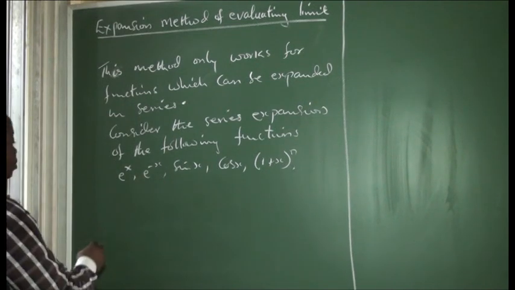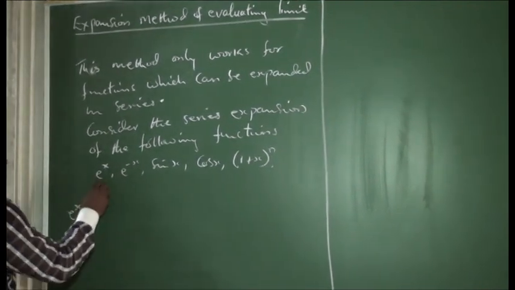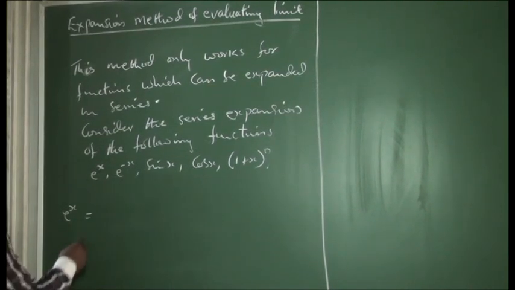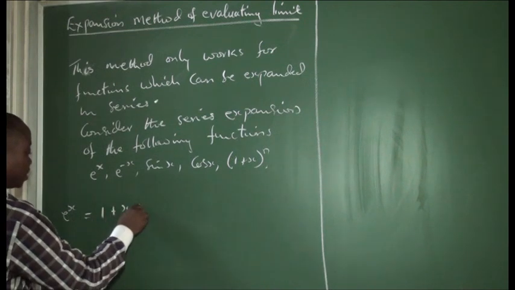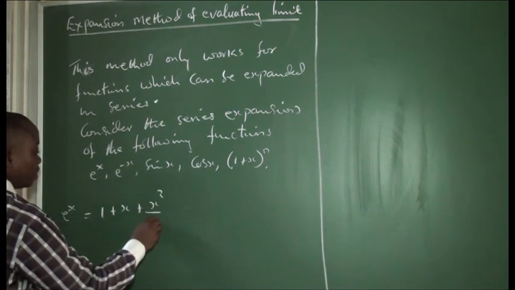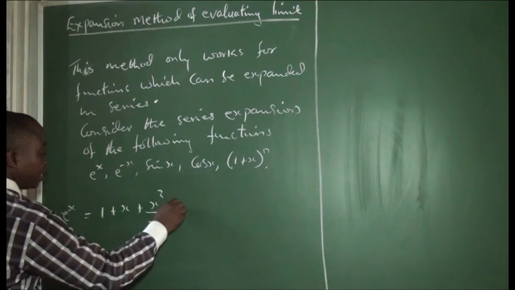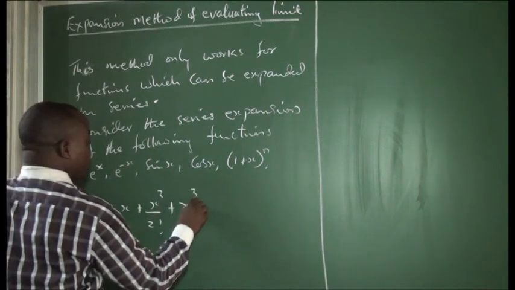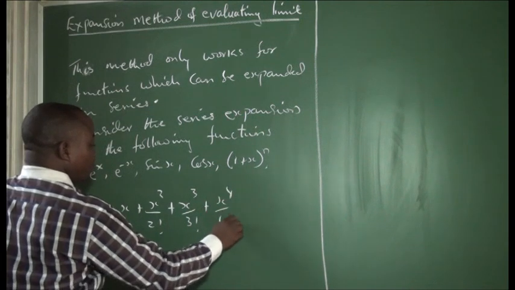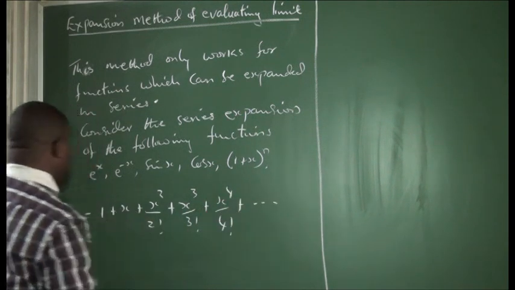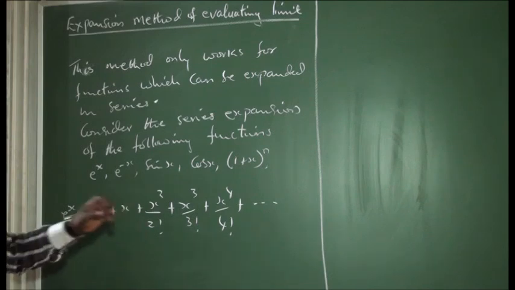But let me just show you the expansion. Exponential x is 1 plus x plus x squared over 2 factorial plus x cubed over 3 factorial plus x raised to the power 4 over 4 factorial. Now, this is the series expansion of exponential x.